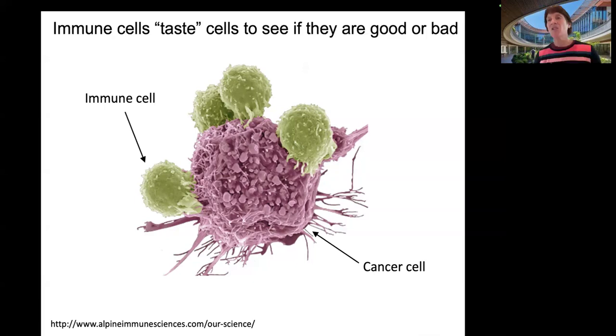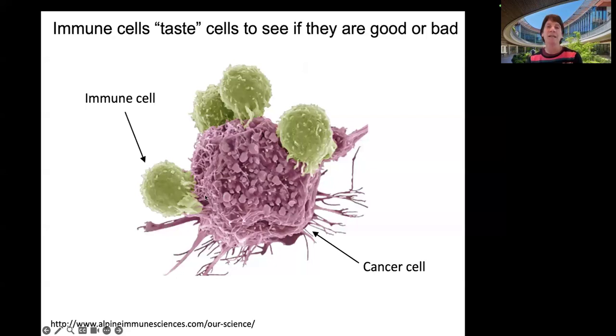So when things are working well in your body, your cells that get damaged, that might be at risk of becoming a cancer cell, those damaged cells will basically put molecules on the surface of the cell to communicate to your immune system that there's a problem and that the immune cells should come and get rid of that damaged cell. They should literally kill it and get rid of it before it can do you some harm.